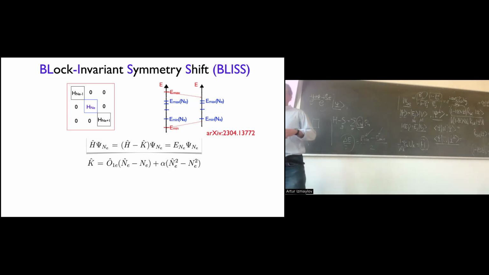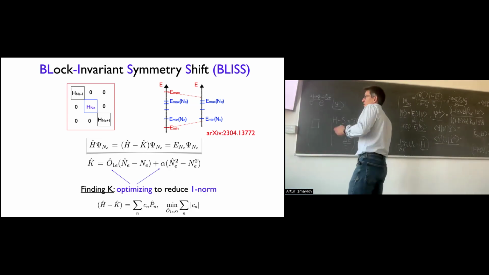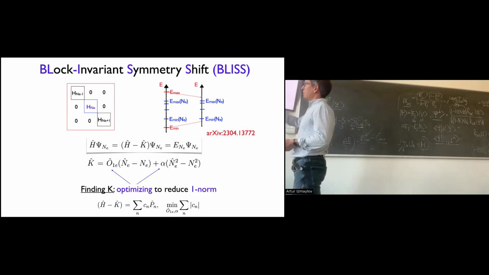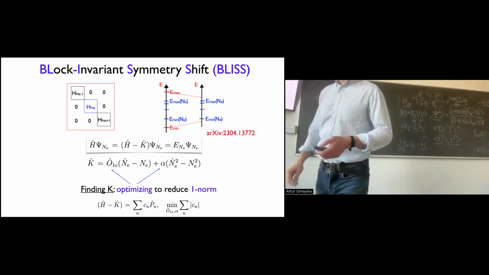Because the whole purpose is to reduce the one norm of the Hamiltonian. And that's what we are optimizing, these 3 parameters. And we do this optimization using, again, a very simple linear combination of unitaries, Pauli products, right? So we can optimize this and this so that H minus K has lower one norm in the Pauli representation.